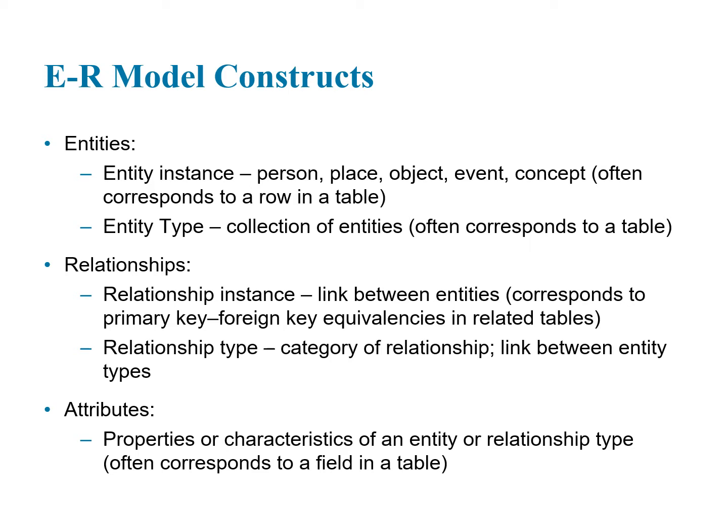And then the bigger concept, the collection of entities, often corresponds to a table. We call this an entity type. And then relationships: a relationship instance is a link between entities, corresponding to primary key, foreign key equivalencies in related tables. And a relationship type is a category of relationship, a link between entity types.